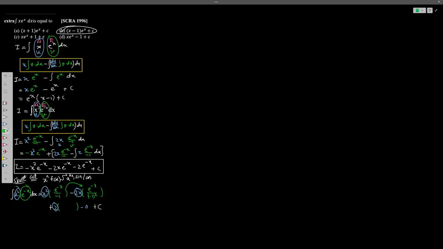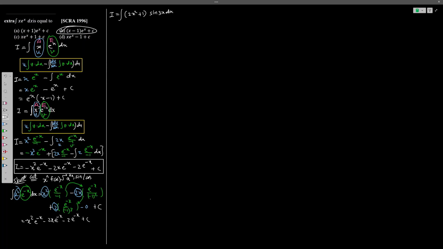One minus 1 was there, another minus 1 came. Again integrate the same bracket, e raised to minus x upon minus 1 cube. So this will give us minus x square e raised to minus x, then minus 2x e raised to minus x, and minus 2 e raised to minus x plus c, which is exactly same as previous answer. It is done in just one step. Okay, let's do one more extra step.